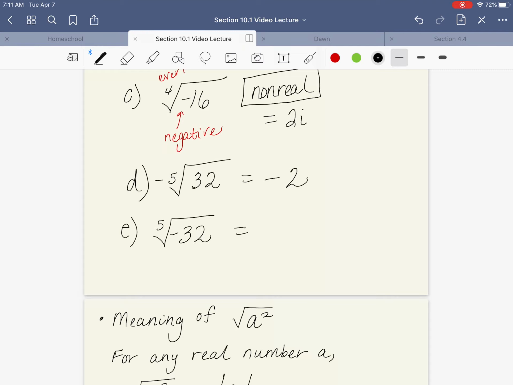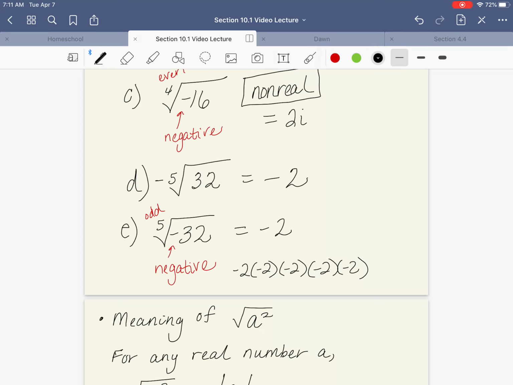All right, the fifth root of negative 32, if your index is odd and you have a negative under the radical, that is a real number. And this would also equal negative 2, because negative 2 times itself 5 times is negative 32.